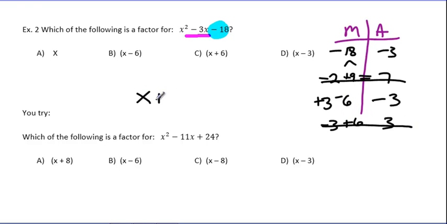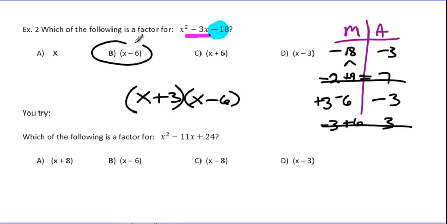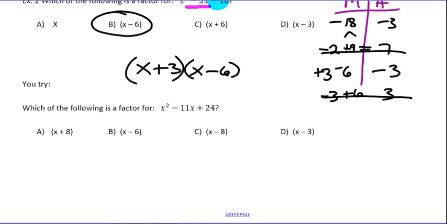So my factored answer is x plus 3, x minus 6. So, I see x minus 6, and that's it in this particular case. Again, I have to check everything though, because you may have both of your factors in that answer, and you have to select both of them then. Alright, so be really careful with those problems.